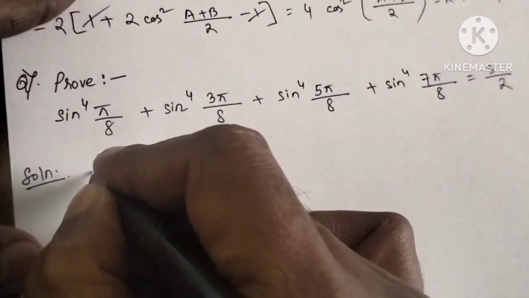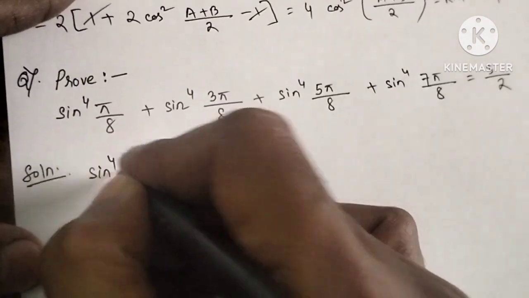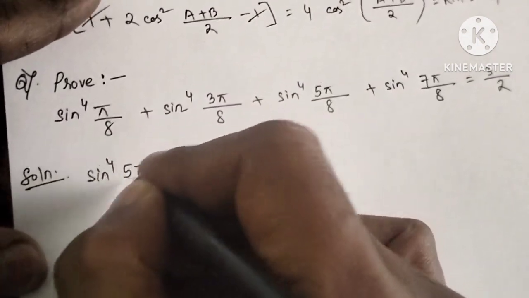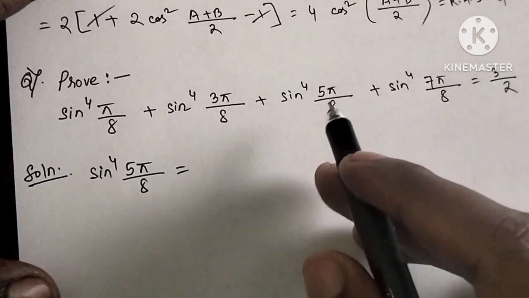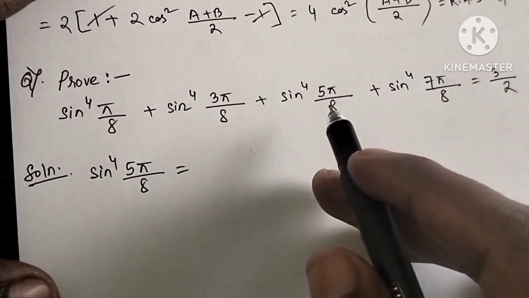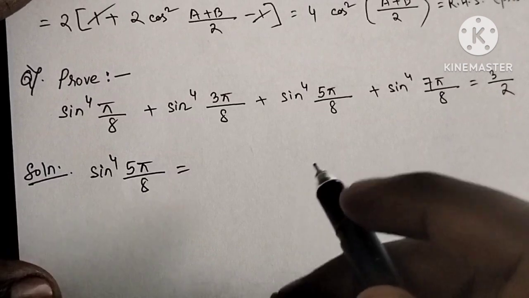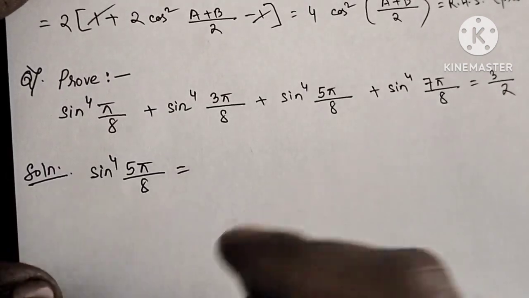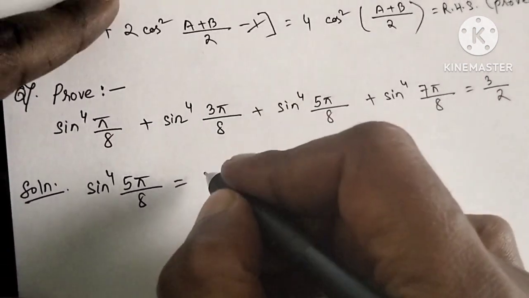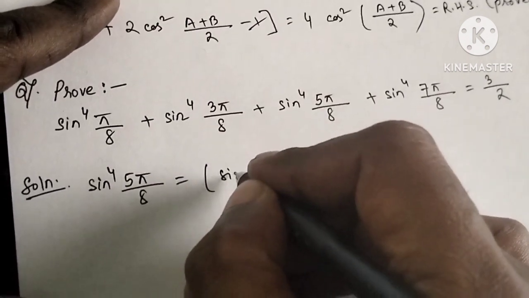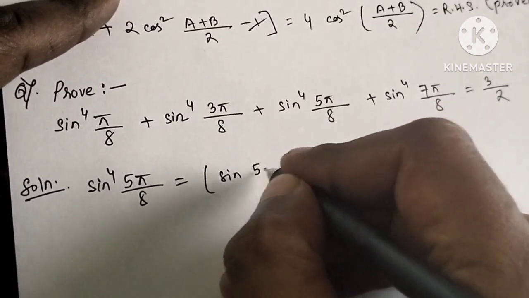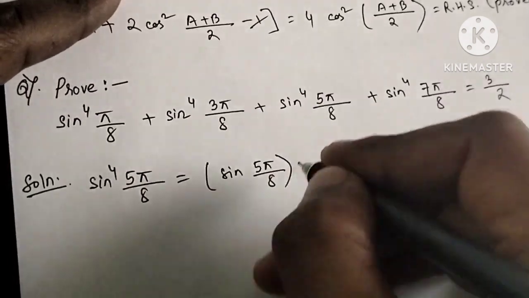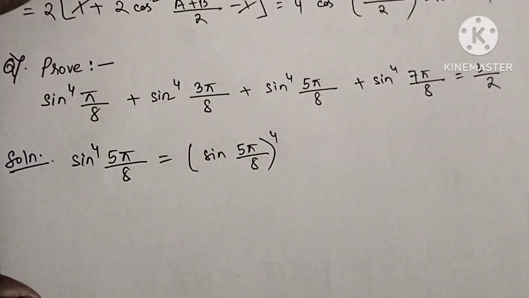Okay, sine to the power 4 5 pi by 8. See, in the third term, sine to the power 4 5 pi by 8 can be written in this way also, sine 5 pi by 8 to the power 4.